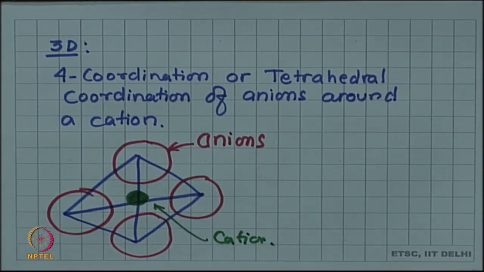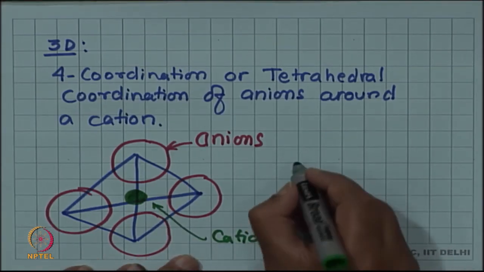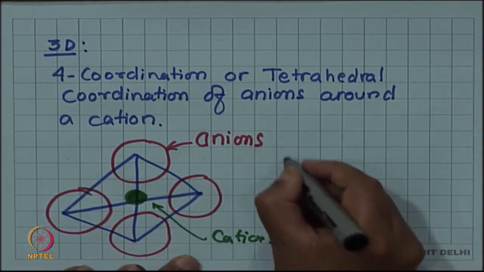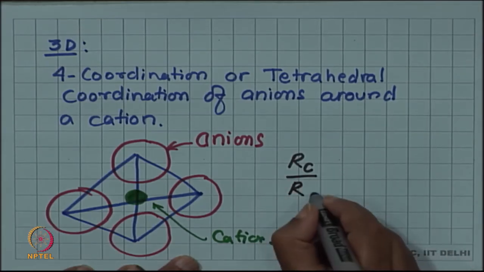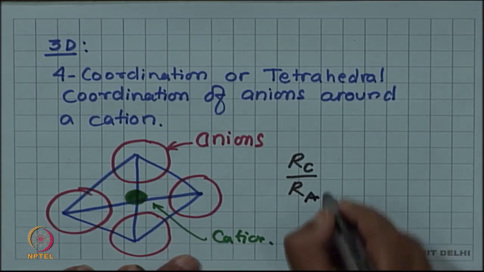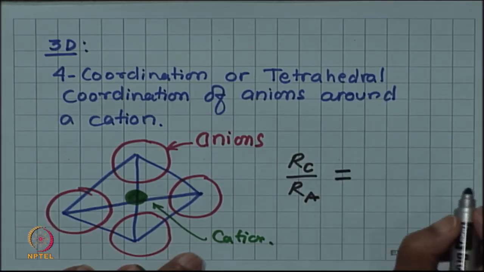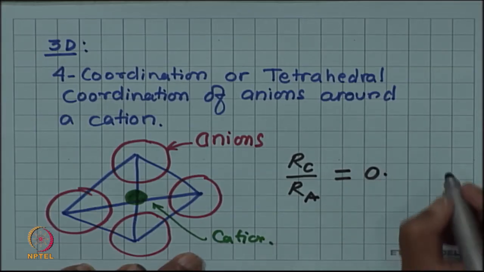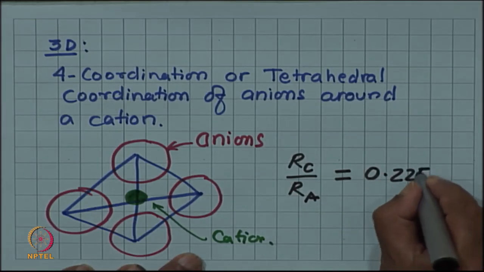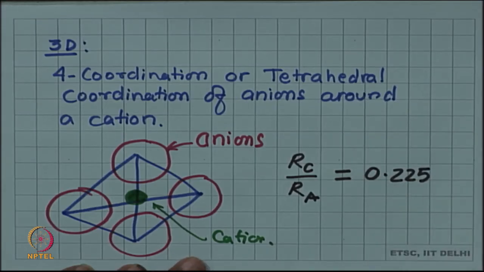And if the anions are touching, you have already found what is the largest cation which can sit in. Let me now write it as cation anion ratio, Rc by Ra is equal to, we remember it was 0.225.